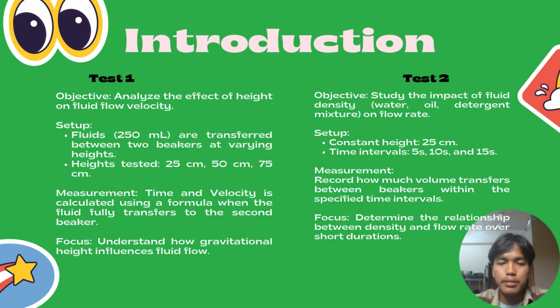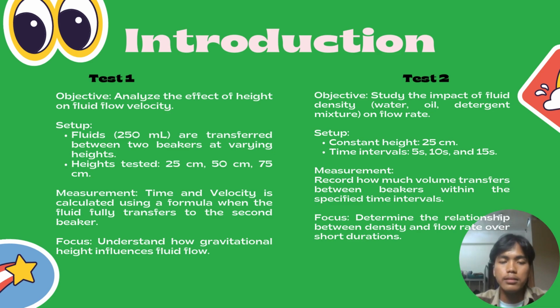In this setup, at the height of a beaker, we fill the different density fluids, which are water, oil, and the detergent mixture with water, and in the lower beaker the volume is fixed. We find the time to reach 250 milliliter at each different height, which is 25 centimeter, 50 centimeter, and 75 centimeter.